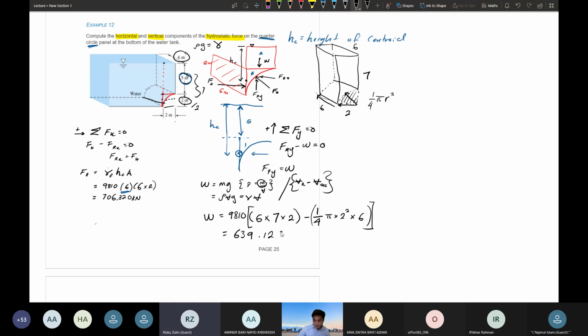639125 or 6 kilo Newton. Okay, so far you guys understand how to get the force, horizontal and vertical. Everyone, why silent je?